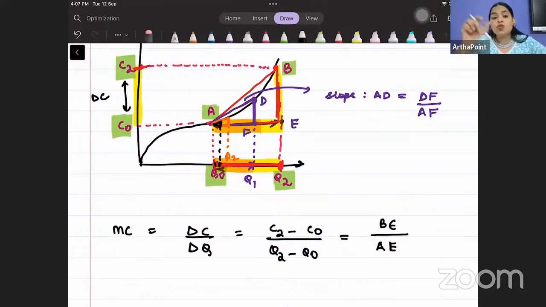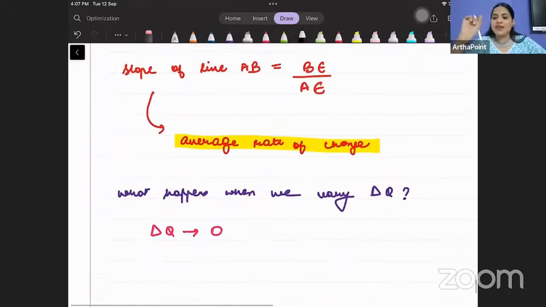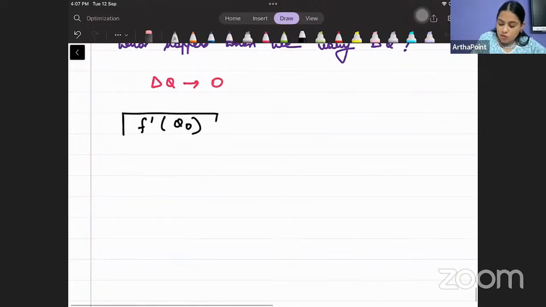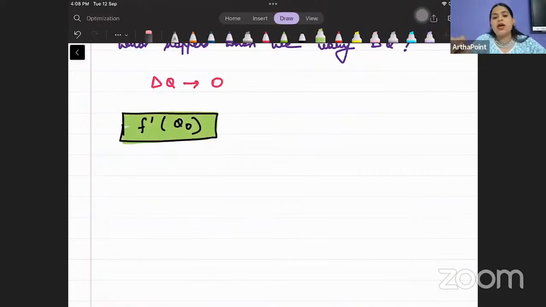So as you go ahead and you change the quantity by a very, very small amount, the change in quantity becomes very, very small. In that case, you get the slope at that point. Okay, so how can we represent this? Slope of the function at Q0. This is how you can go ahead and represent it. I hope everyone is clear with this concept.